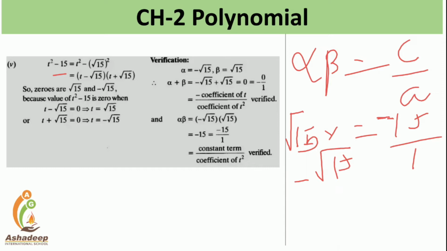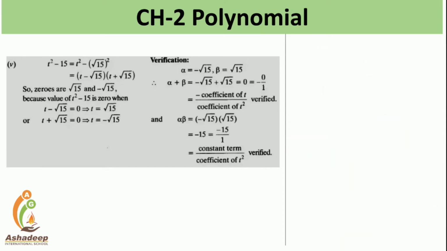So square root of 15 into square root of 15 becomes 15. So it's minus 15 is equal to minus 15, right? So both sides will get the same answer. So this is what the verification is all about, and in the end you have to write down the coefficient of t upon the coefficient of t square, the constant term upon the coefficient of t square.